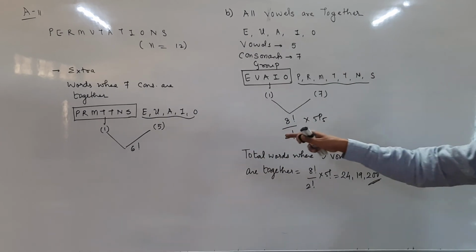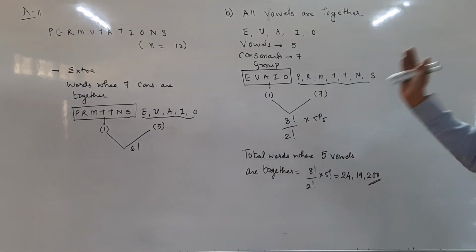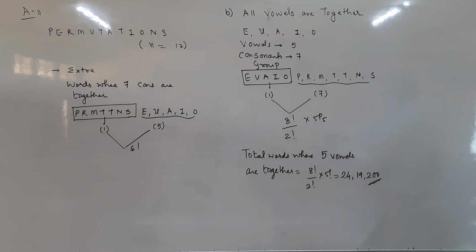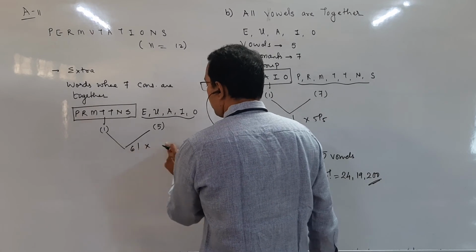Why did I not divide here? Because within these 6 letters, no one is repeated. Box inside we have any letters, that is not a problem. Box is only 1 and all 5 vowels are distinct. So in these 6 letters, none is repeated. So 6 letters can be arranged in 6 factorial ways. Now comes the arrangement of the box.